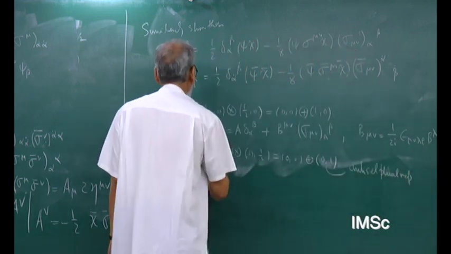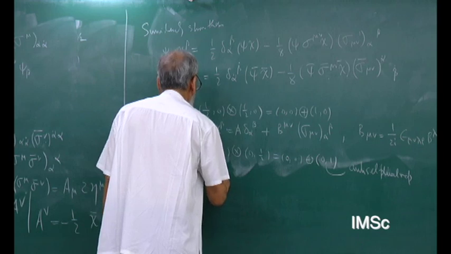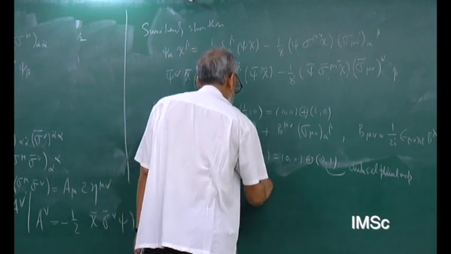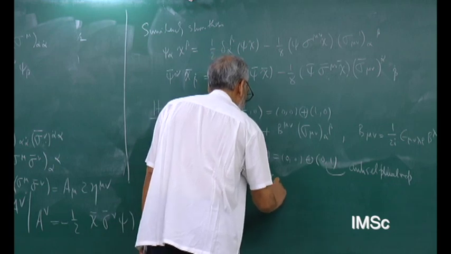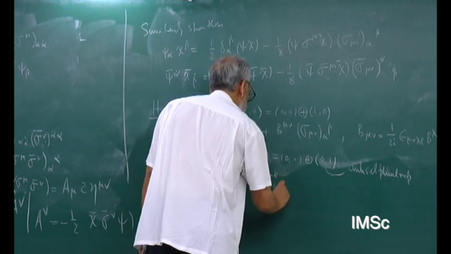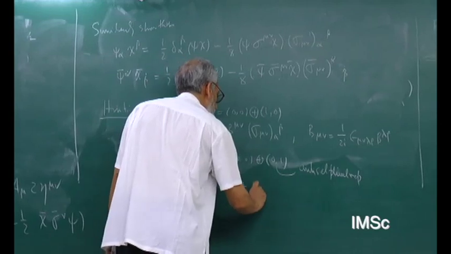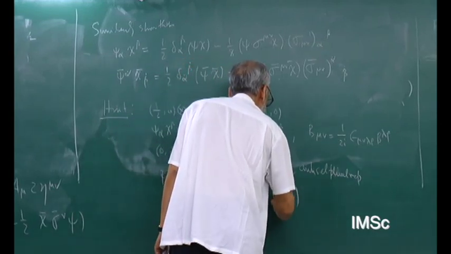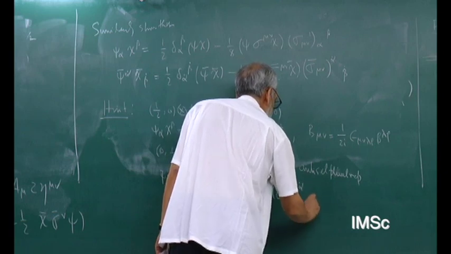So which means you write psi alpha dot chi beta dot to be A bar times delta alpha dot beta dot plus B bar mu nu sigma bar mu nu alpha dot beta dot.